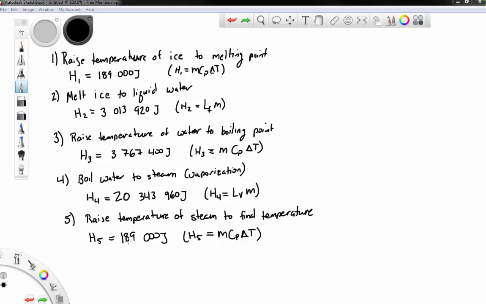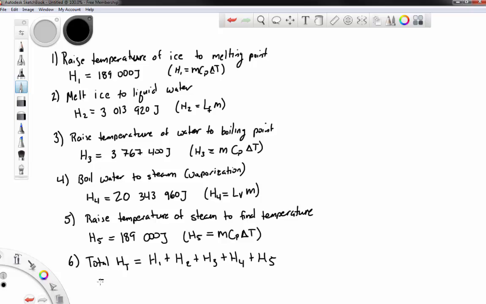And we then raised the temperature of the steam to the final temperature, which cost another 189,000 joules. So to finish the problem out, we need to have a step 6, total heat, which I'm going to label as H total, is going to be the sum of the heats that we used in the previous 5 steps. So H1 plus H2 plus H3 plus H4 plus H5.